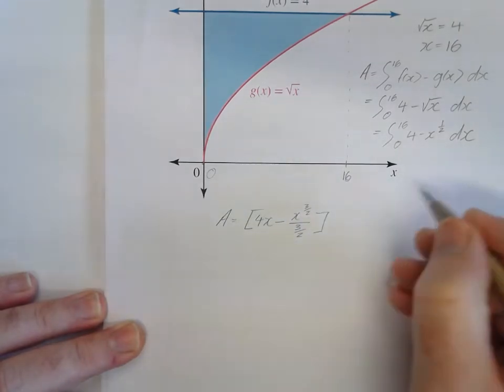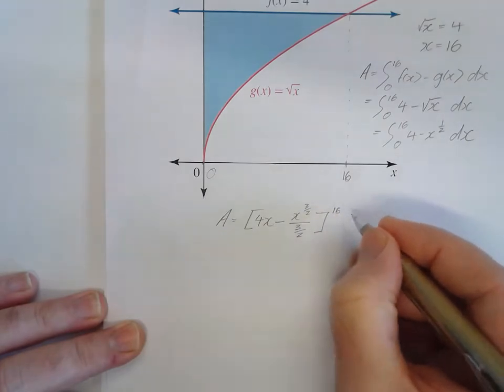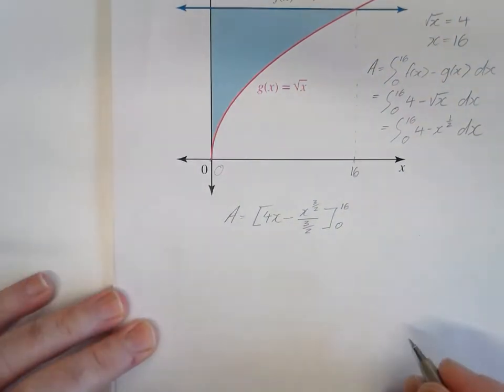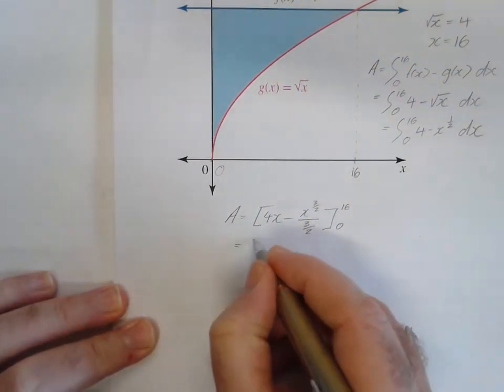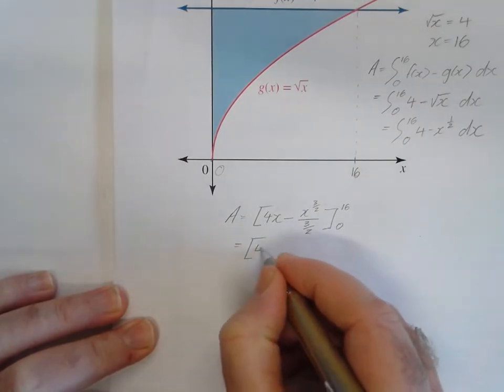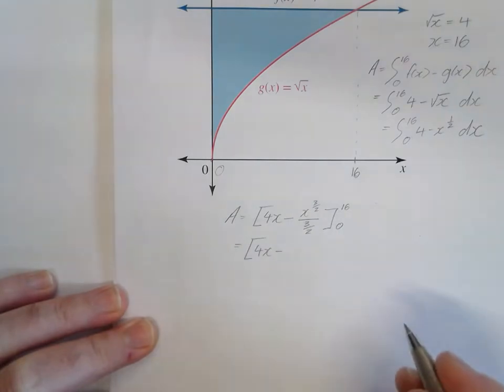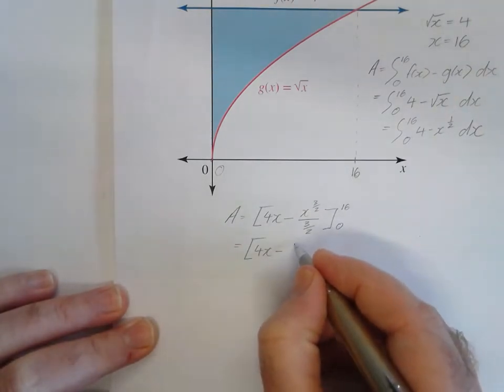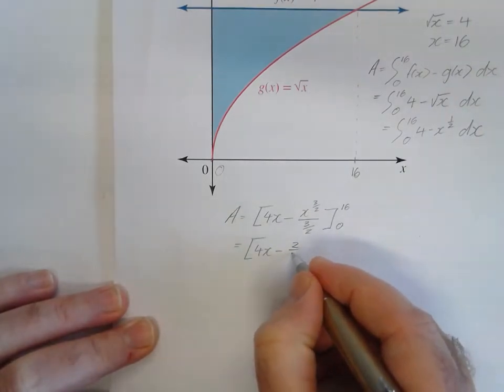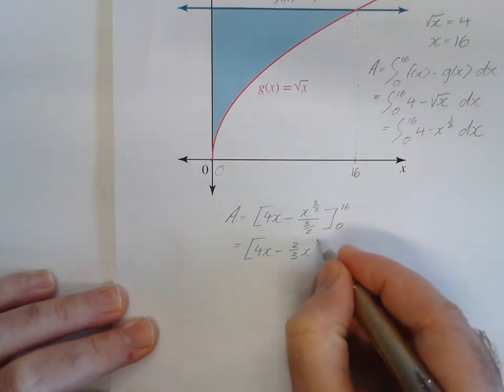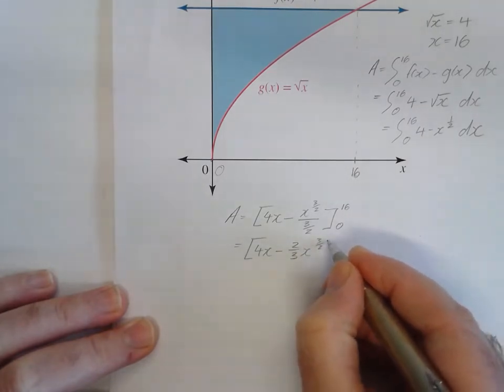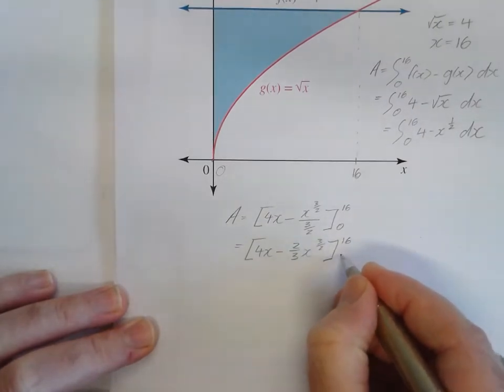My boundaries are 16 and 0. Dividing by 3 on 2 here is like multiplying by 2 on 3, so it will become 2 on 3 x to the 3 on 2 between 16 and 0.